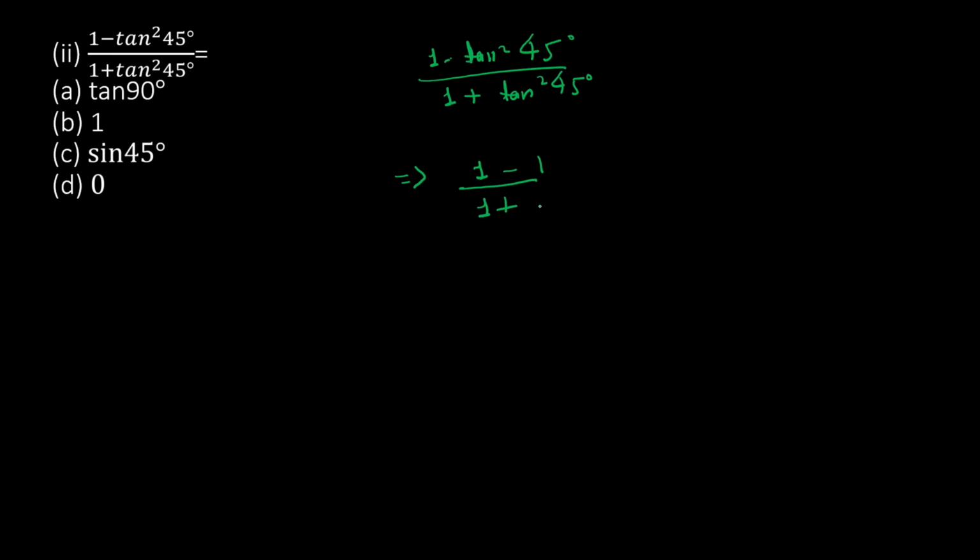So 1 minus 1 equal to 0, upon 1 plus 1, which is 2. 0 by 2 equal to 0. So what value comes? It comes out as 0. The correct answer is D.